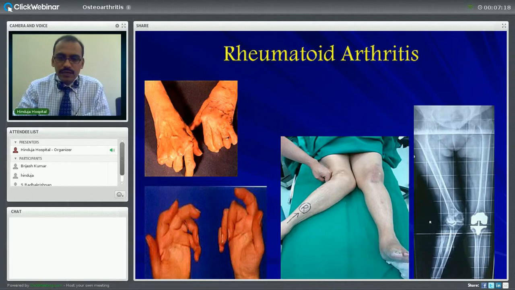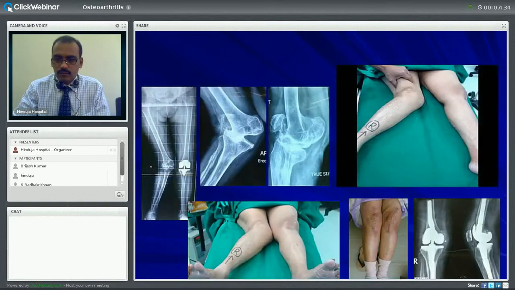You can see there is a deformity at the knee, which is shown in this picture. This is the bad X-ray of this patient, where the knee is totally subluxated and deformed.